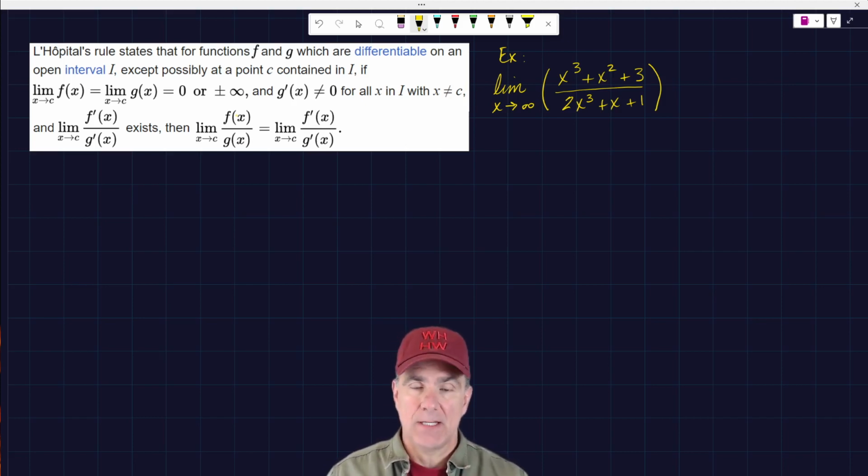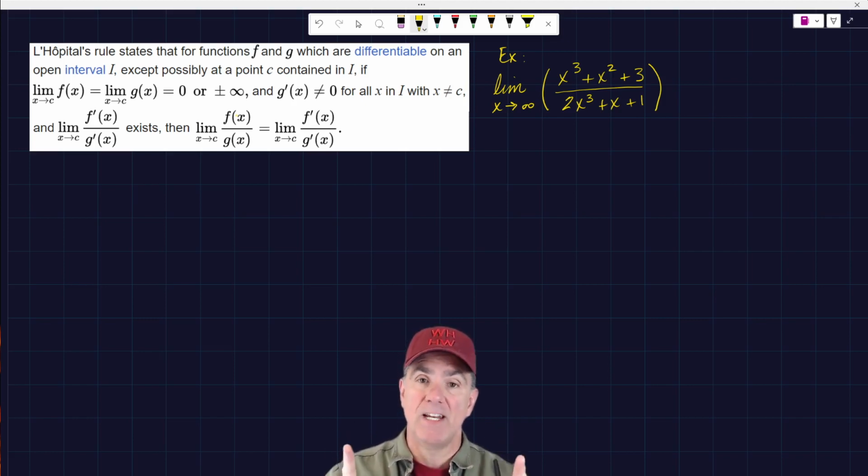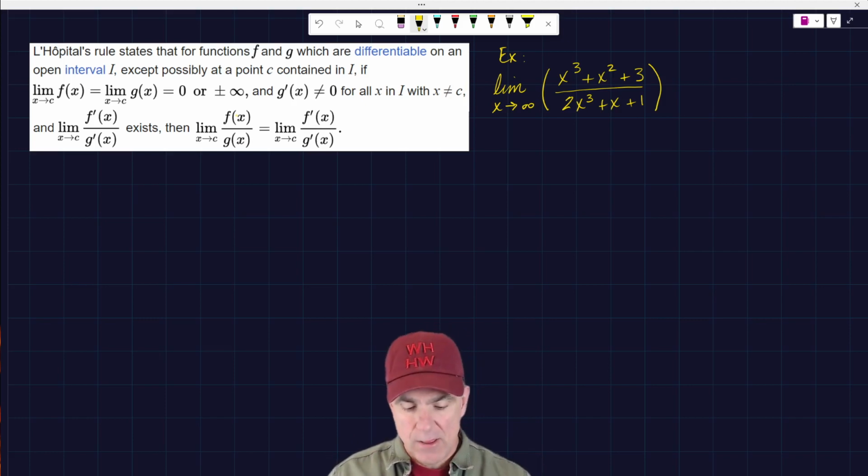Moreover, the limit of the function f is equal to the limit of function g, and it's equal to 0, or they're equal to infinity, or they're equal to negative infinity. If the limits of both of those functions are equal to the same thing, 0, infinity, or negative infinity, then, and it says that we have to have the derivative non-zero, which makes sense because the derivative is going to be in the denominator.